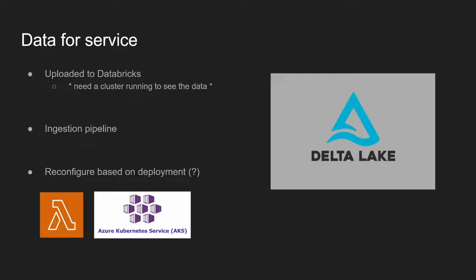We may have to make some changes to our ingestion pipeline, but otherwise it should be pretty straightforward. We create a single pipeline, set up our data to work with that pipeline, and then modify it only if the deployment of the service we're creating doesn't match up with what we have now. All that to say, this should really be done in basically one script that's managed from a Databricks workflow or job, which I'll talk about more in a minute.